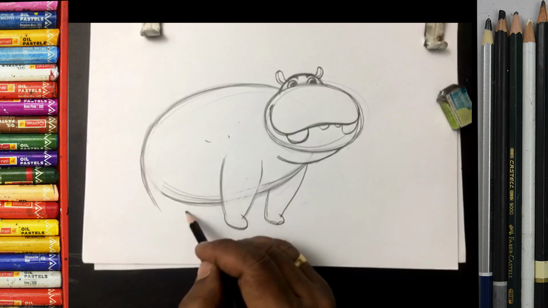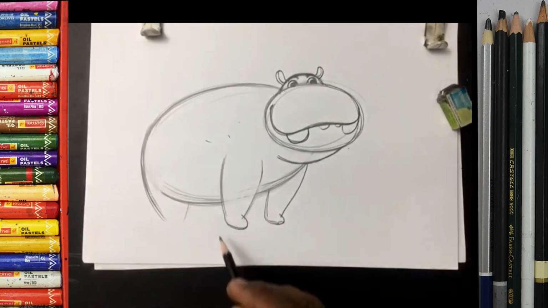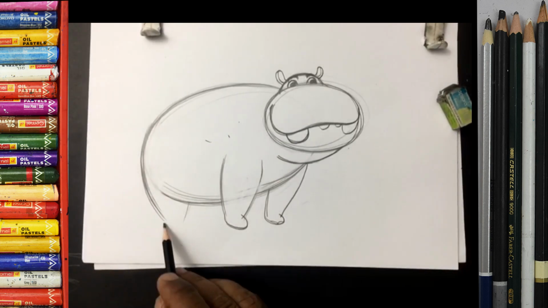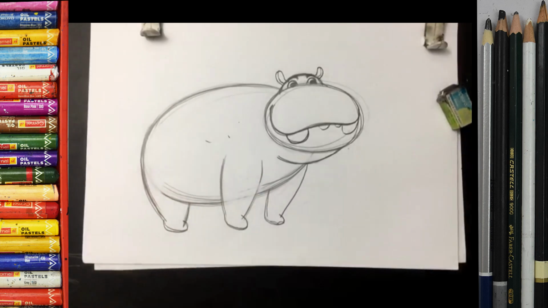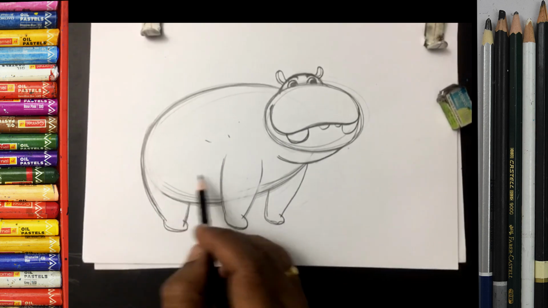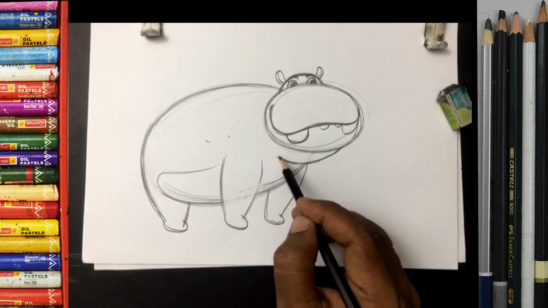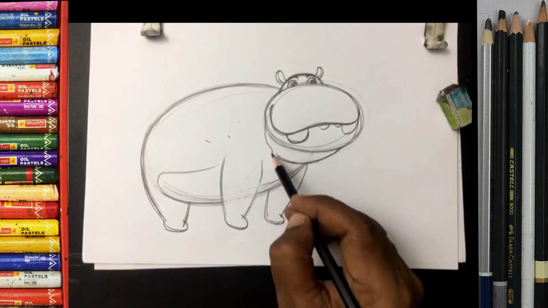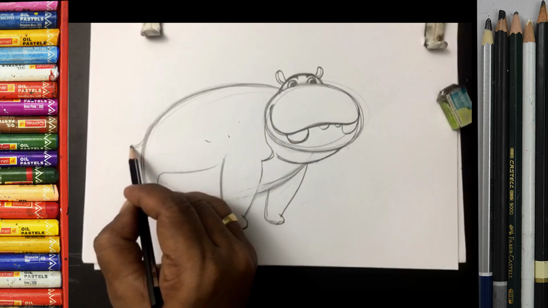Like this. One, two. Yeah, it's a zoo only we can see, right? Yes. Yes, correct. Where is?